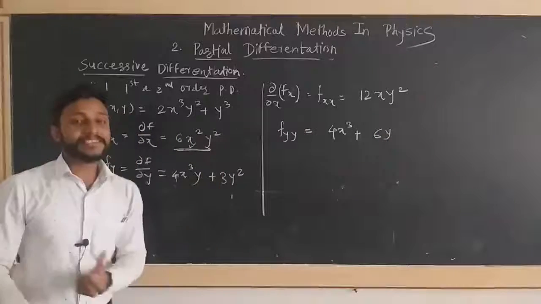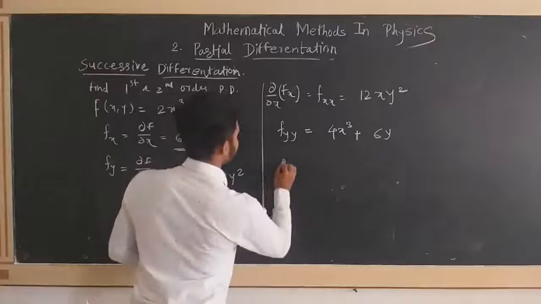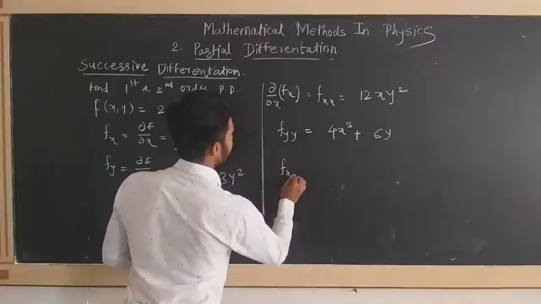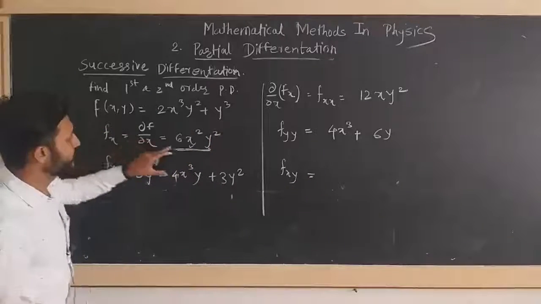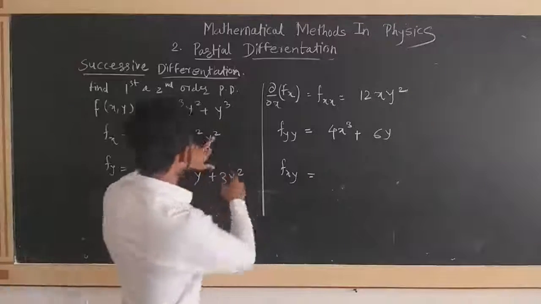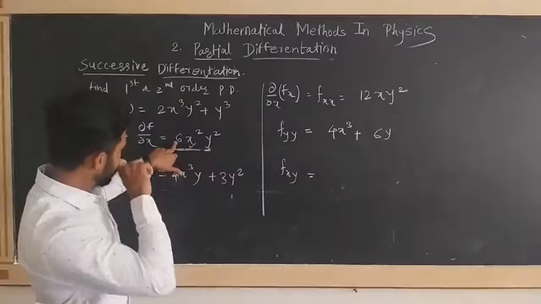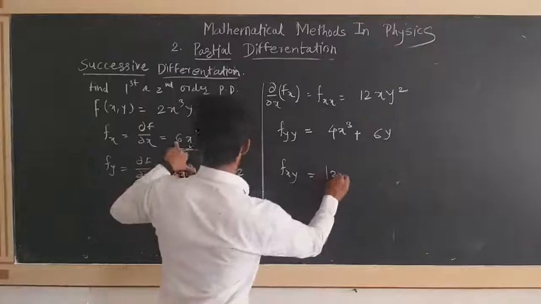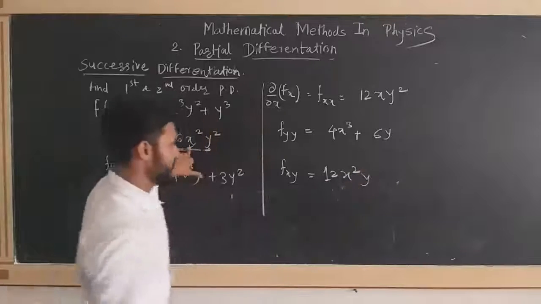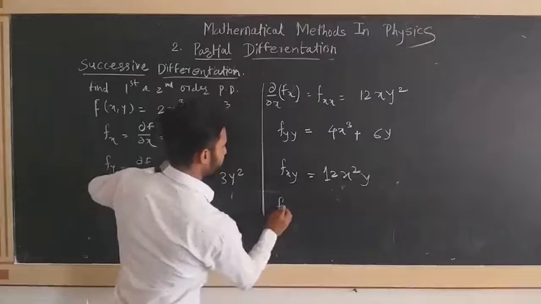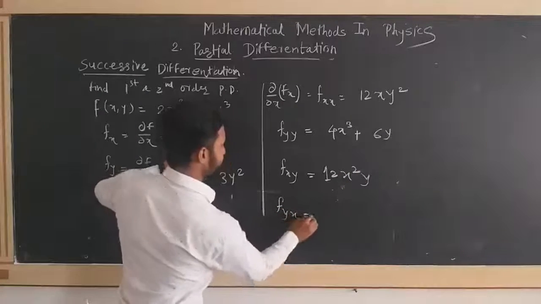Now we can find out the mixed partial derivatives. fx is a function of y. So differentiate this fx with respect to y. So we'll have 6 into 2, 12, x² as it is and y as it is. Similarly, we can find out fyx.